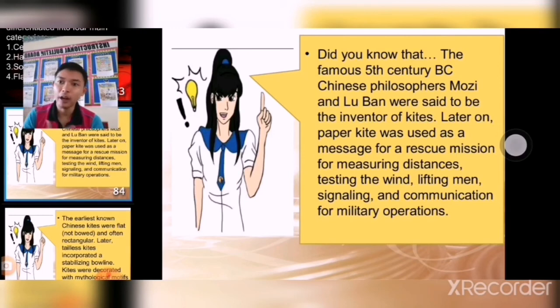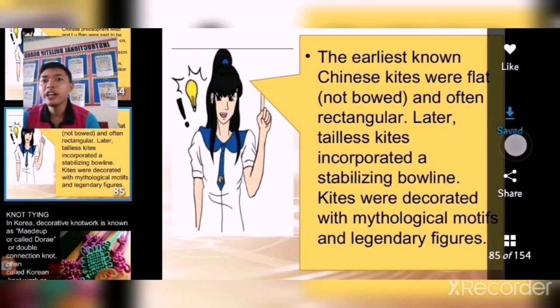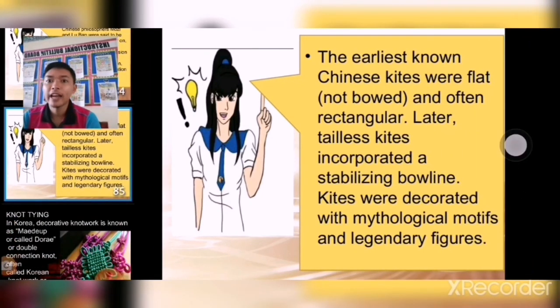That's quite very useful. The earliest known Chinese kites were flat, not bowed, and often rectangular. Later, tailless kites incorporated a stabilizing bowline. Kites were decorated with mythical motifs and legendary figures.